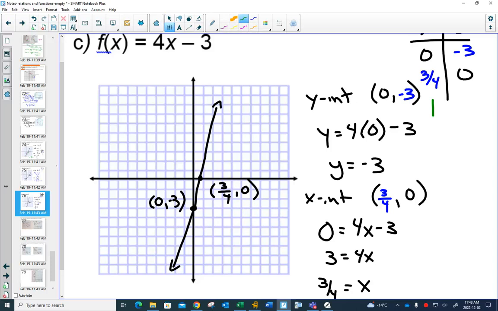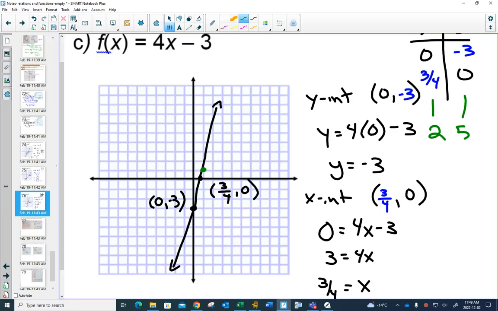What would you get for y? If you plugged in a 1 for x and simplified it, you would get 1. That would be that point still on the line. If you plugged in 2 for x, you would get 8 minus 3, 5.